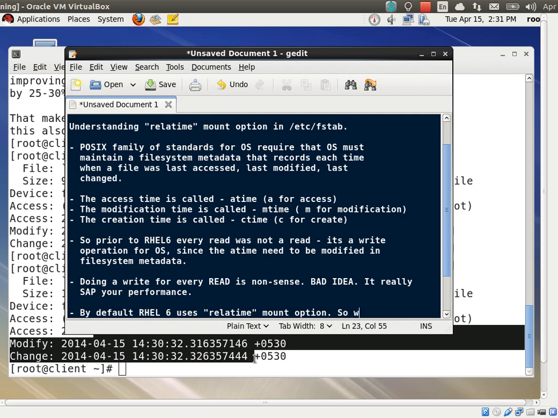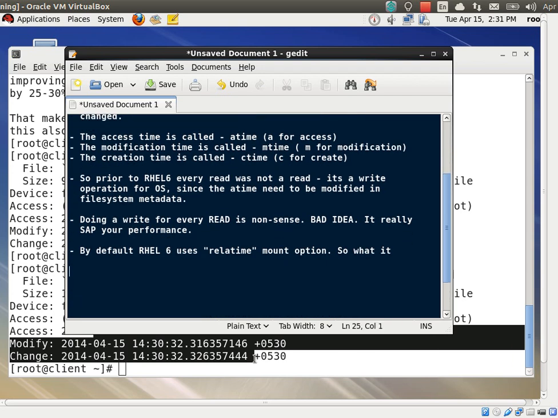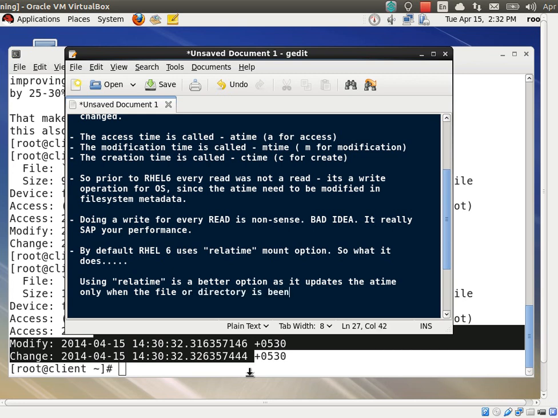So what it does, very simple. So using relatime is a better option, I can say, as it updates the atime only when the file or directory is being modified since last atime change.